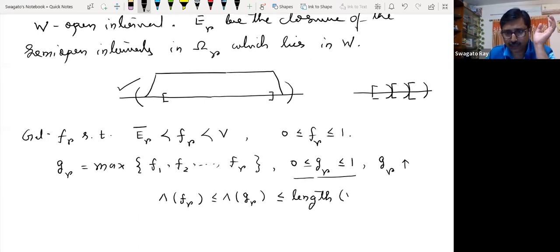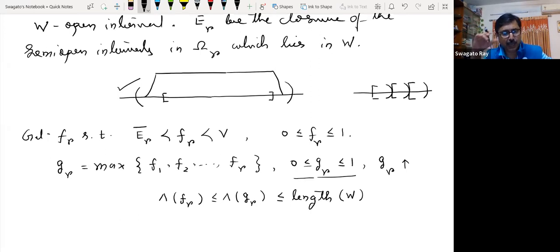If it is not clear, I can explain once again. It is actually true for all lambda n GR, because for each n, I can talk about lambda n GR. What is lambda n GR? It is the value of GR at a point times the length of the subinterval, and then you sum over the intervals.